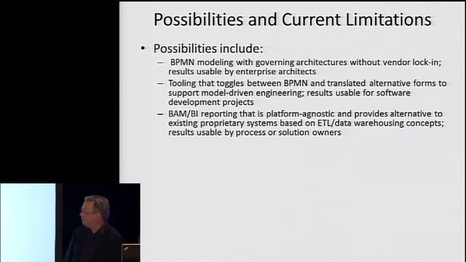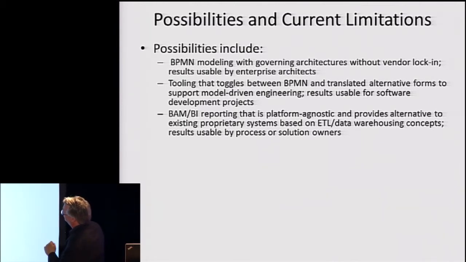Okay, so closing, 2 minutes, on possibilities and current limitations. So we find that BPMN modeling with governing architectures can be done now without vendor lock-in, and we think that's a powerful statement to make. And it allows us to work within a very heterogeneous environment. Tooling that toggles between the BPMN and translated alternative forms, such as the SCA one, can support model-driven engineering, and the results will be usable for software development projects.